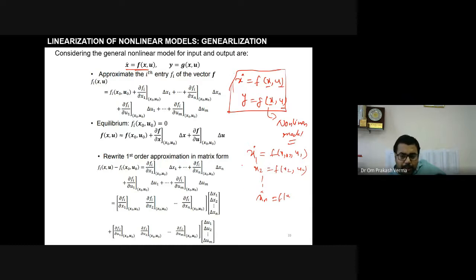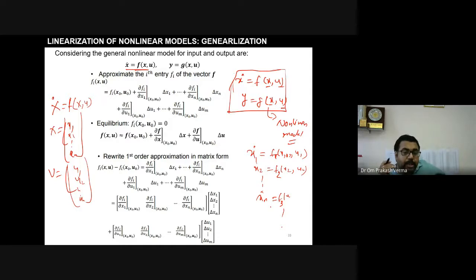It is like a vector, so we can write x dot is equal to f of capital X comma u, where X is x1, x2, up to xn, and capital U is u1, u2, and so on. There are a number of functions f1, f2, f3 and a number of variables.